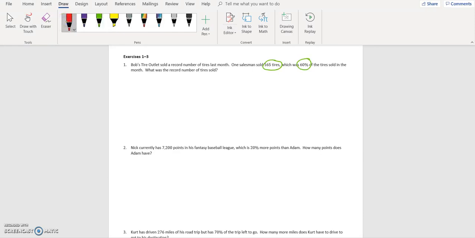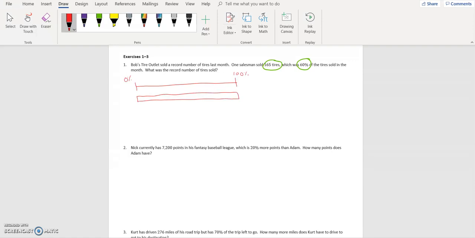So we have 100%. That's going to be our whole. Okay. And then we have the tires being sold. Okay.